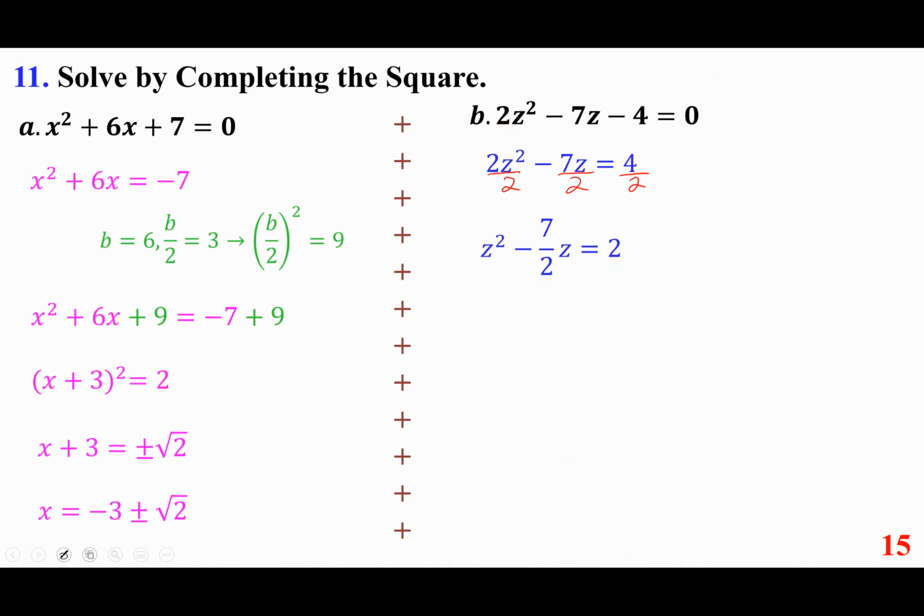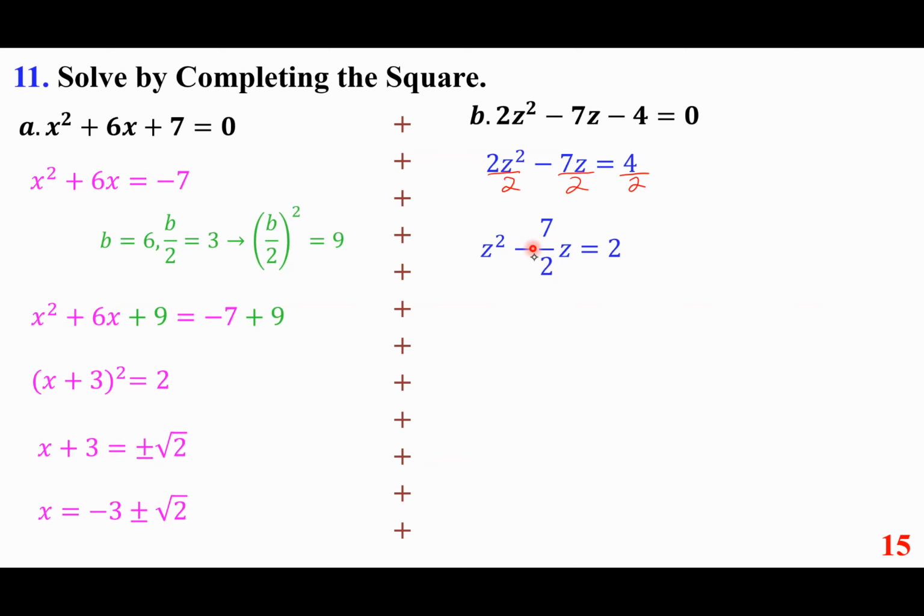Now, so this is b, minus 7/2. You divide it by 2, becomes minus 7/4. I hope you realize that whenever you're dealing with a fraction, when you want to divide a fraction by a number, multiply the denominator by it. I want to divide by 2, so I'm going to multiply 2 by 2. 2 becomes 4, so minus 7/4.